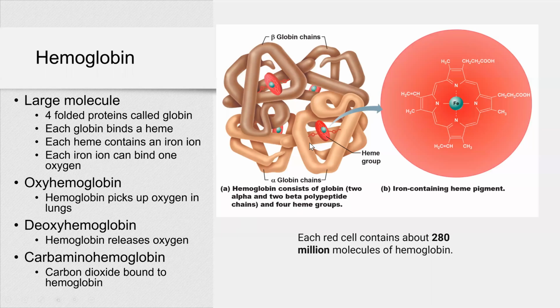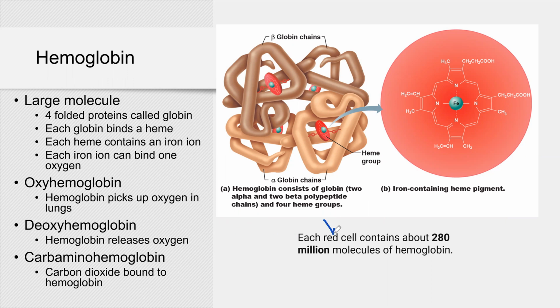Now, the major function of erythrocytes is to carry oxygen. Within a red blood cell, you will have molecules of hemoglobin. So this hemoglobin will be inside red blood cells, and you have a lot of hemoglobin within one red blood cell.